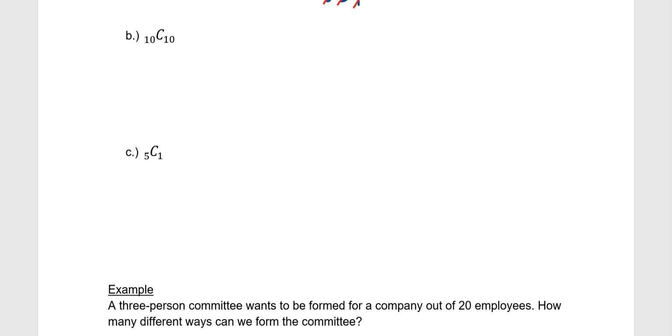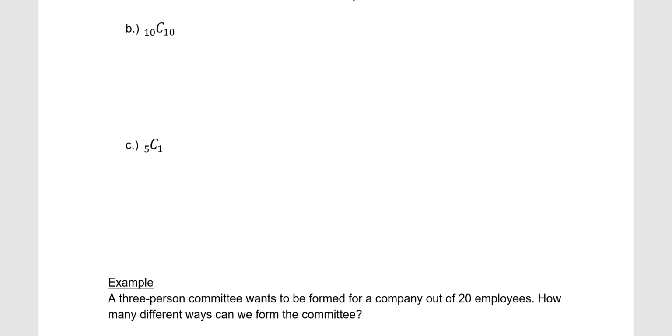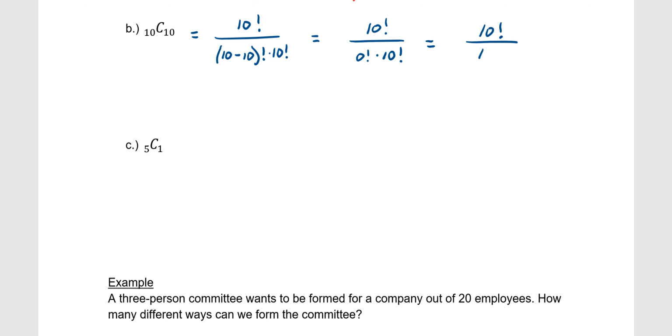Okay, let's do the next one, 10 choose 10. Plugging this into the formula, it's going to be 10 factorial divided by 10 minus 10 factorial times 10 factorial. That's going to be 10 factorial over 0 factorial times 10 factorial. 0 factorial equals 1, so that's going to be the same as 10 factorial over 10 factorial.